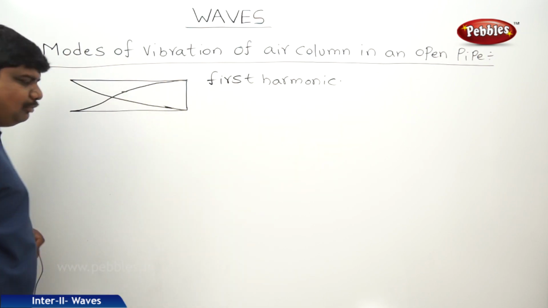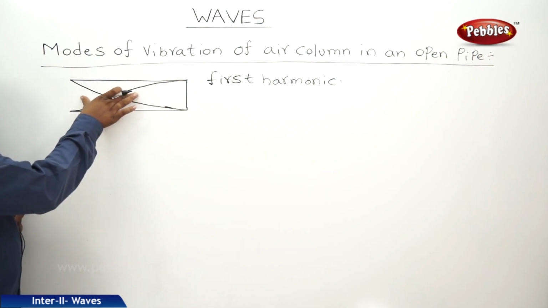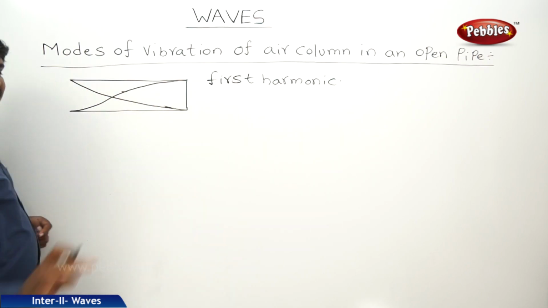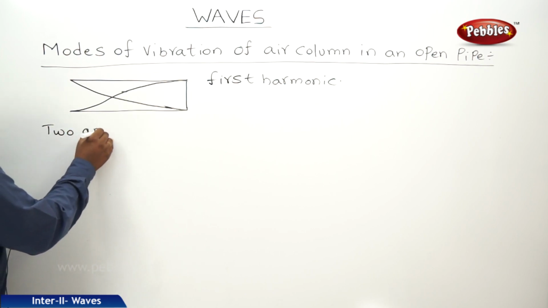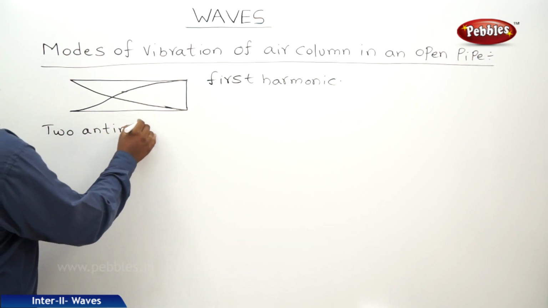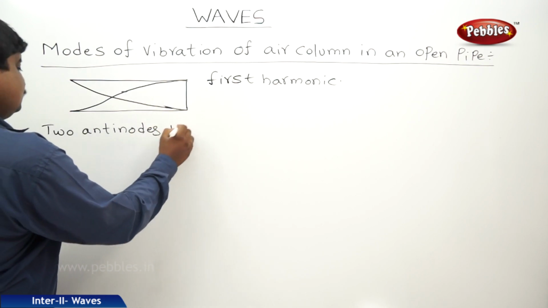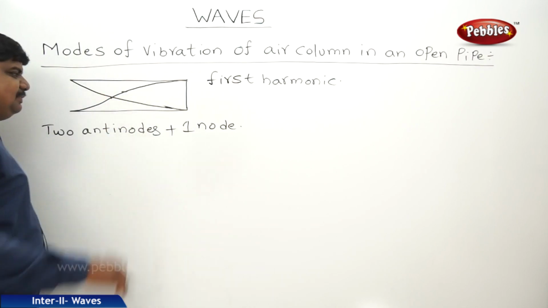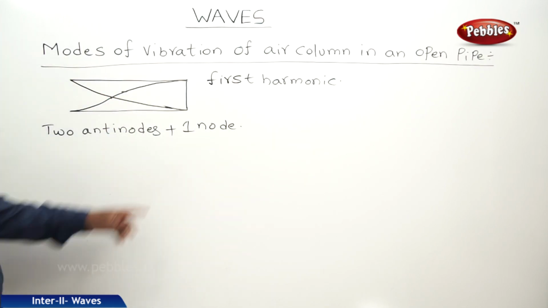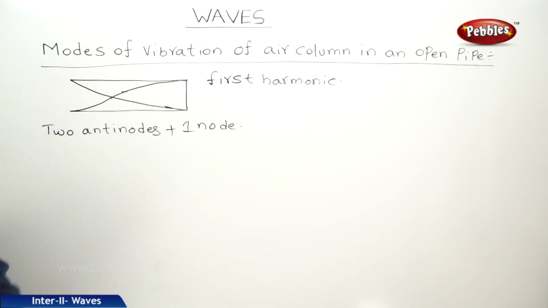So in the first harmonic, two antinodes and one node are present. Where the displacement of the wave is 0, that is the node point. Where the displacement is maximum, that is the antinode point.